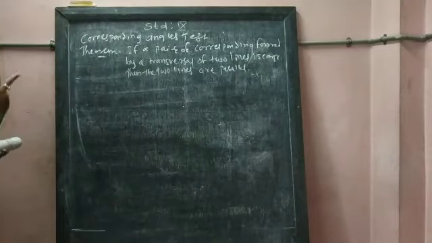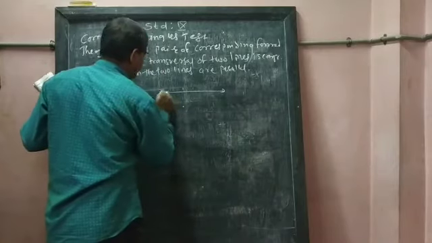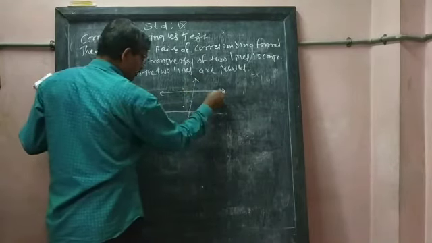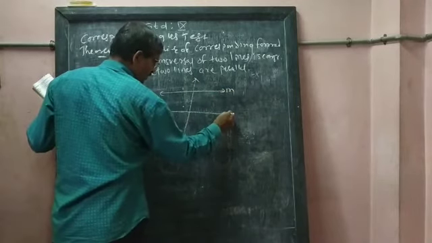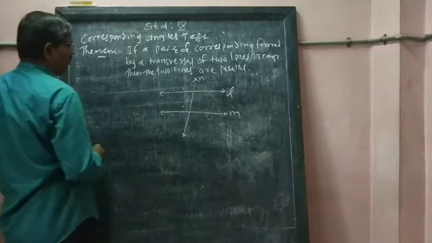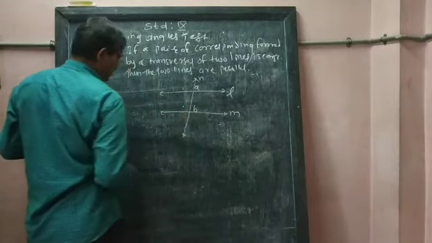If a pair of corresponding angles formed by a transversal, means there are two lines, we will take two lines here, like the previous one, this is L, this is M. Then the pair of corresponding angles, A and B, we will take here.